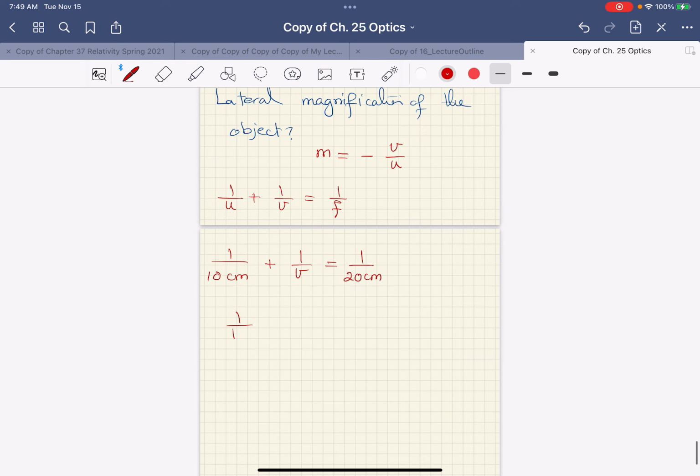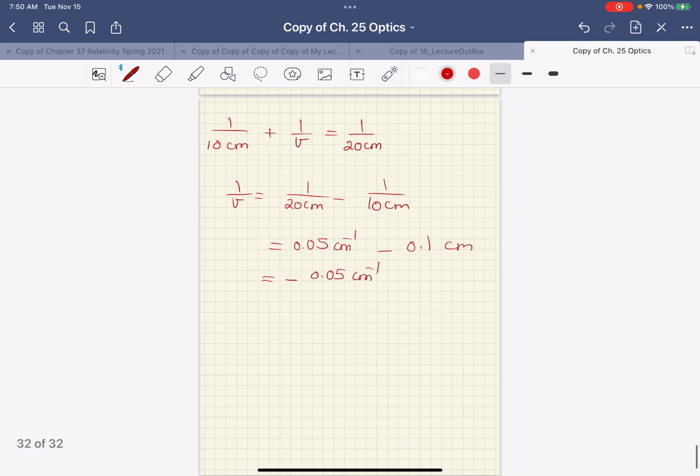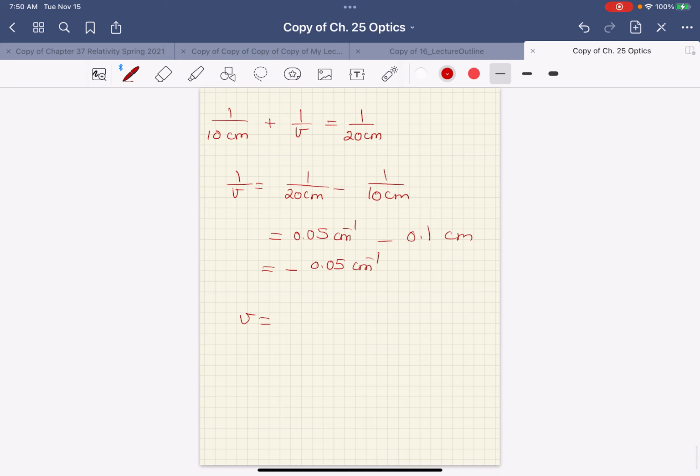Then 1 over V is 1 over 20 centimeters minus 1 over 10 centimeters, and that is going to give me negative 0.05, and then V is 1 over this number, which is negative 20 centimeters.